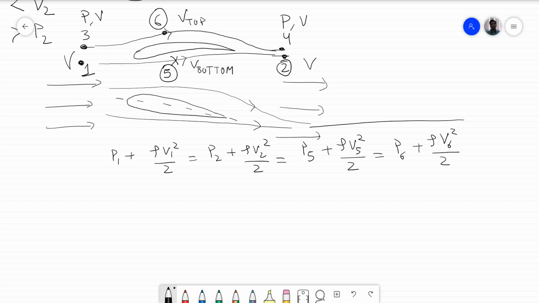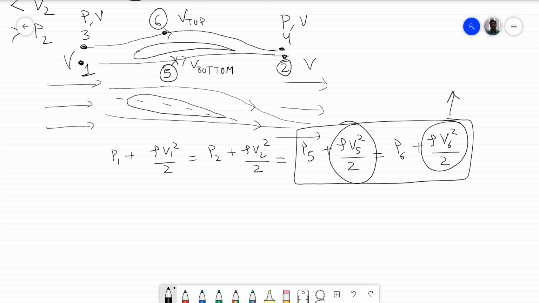So if we consider now these two equations alone, we get a relationship between the pressures and velocities on top of the wing and bottom of the wing. So as we discussed, velocity at the top has to be more than the velocity at the bottom. So velocity at point 6 is higher and this is lower.